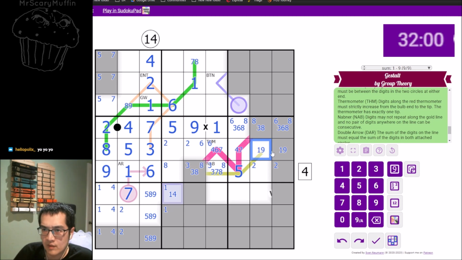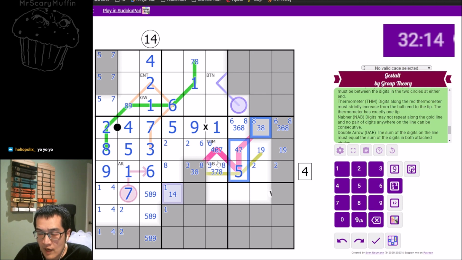So we have to think about a combination of the thermos and this Nabner now, right? I think the one I'm concerned about is the 8, 7, 5, 4, 3.